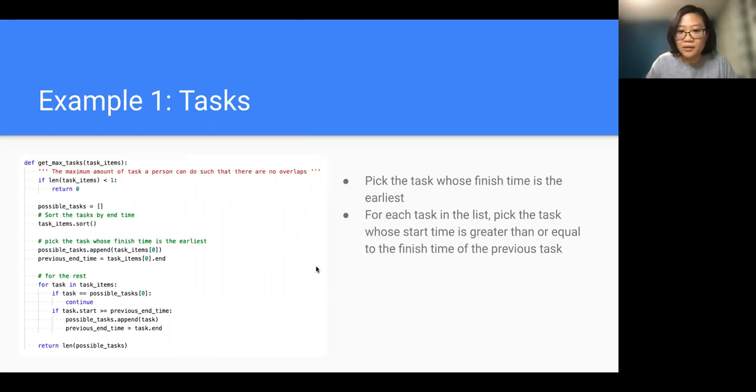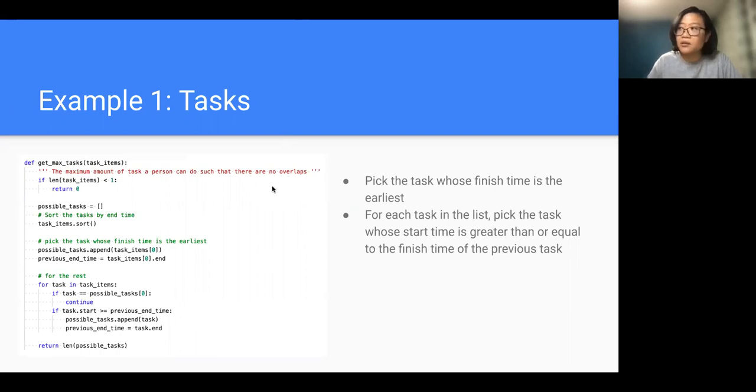Are there any questions? A greedy algorithm can be applied to interval merging type of problems. I'm not quite sure about the answer to this question.